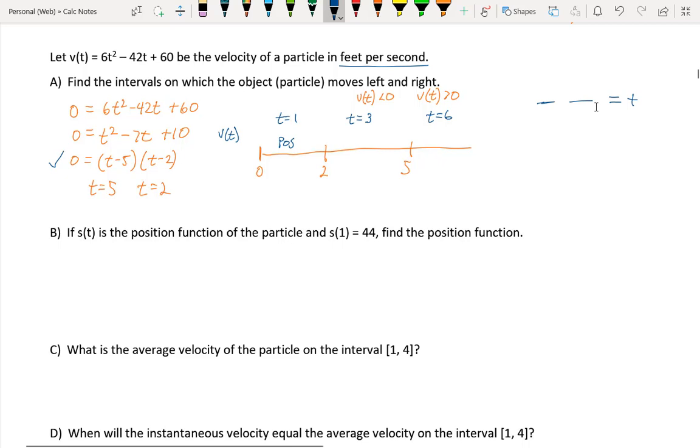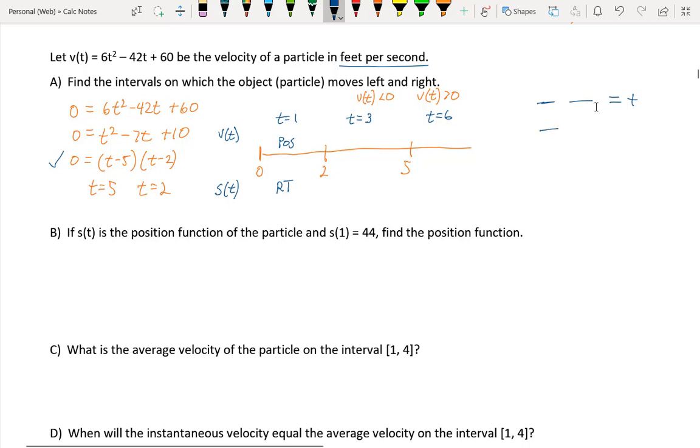Well, what does that tell me about my function? It tells me that s of t, my position function, whether I'm moving left or right. So if v of t is positive, then I'm moving to the right. Okay, I'm increasing.